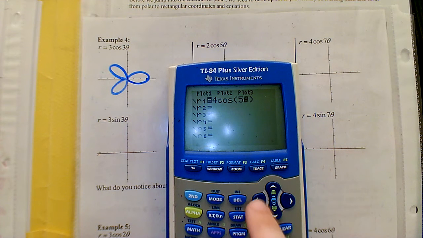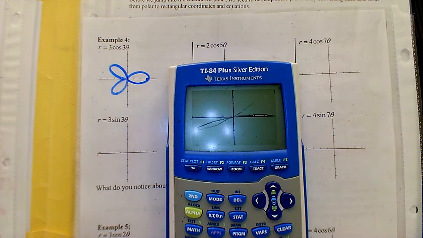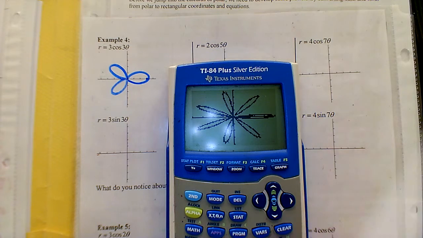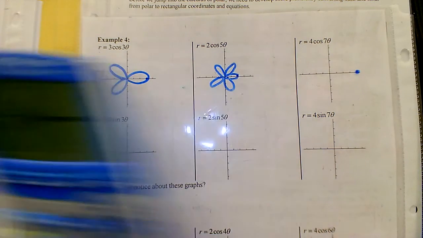And the last one, 4 cosine 7 theta. All right, so this petal on the right goes out to 4, and looks like we got 6 more.